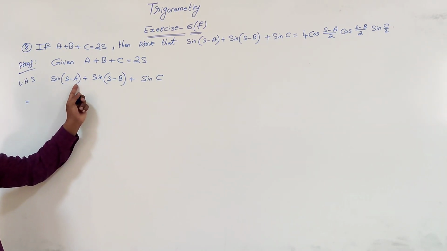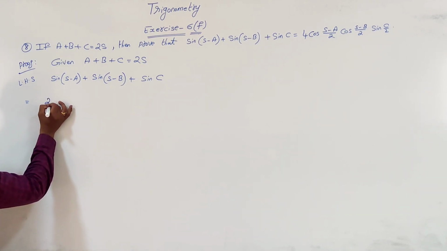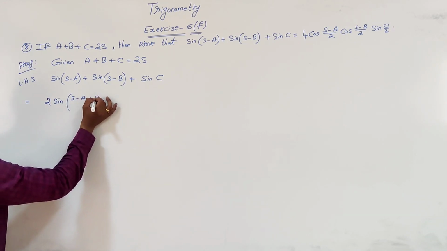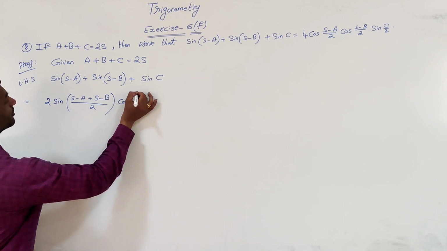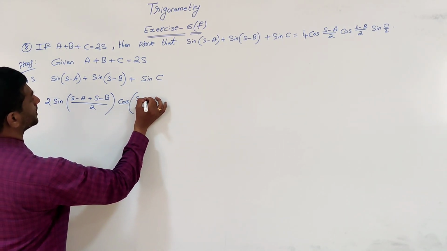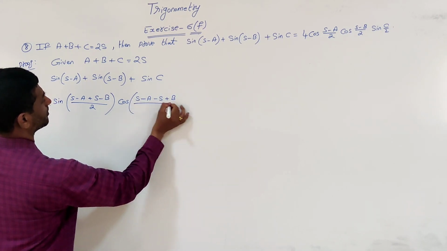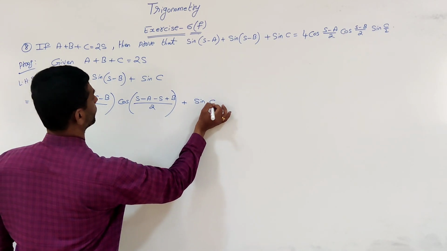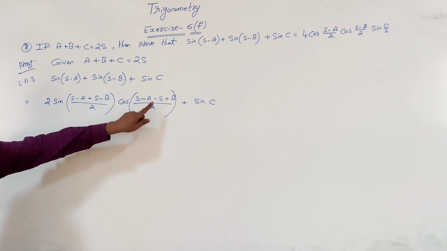It is in the form sin C plus sin D. We can transform to the product as 2 sin of (C plus D)/2 cos of (C minus D)/2. So that is 2 sin of ((s minus a) plus (s minus b))/2 cos of ((s minus a) minus (s minus b))/2 plus sin c as it is.